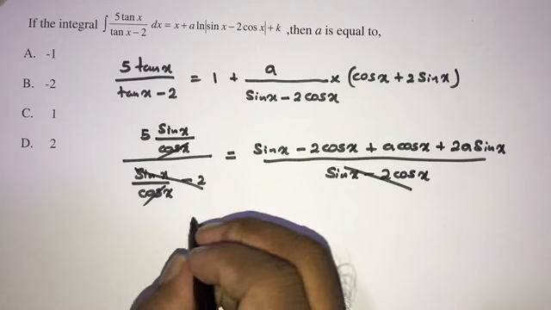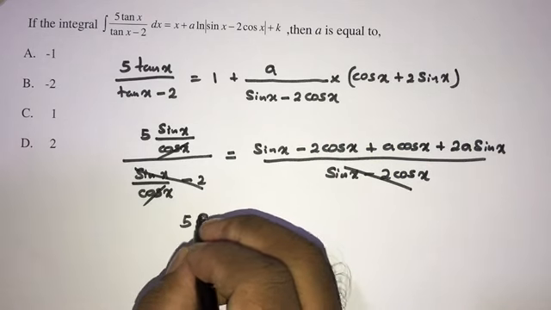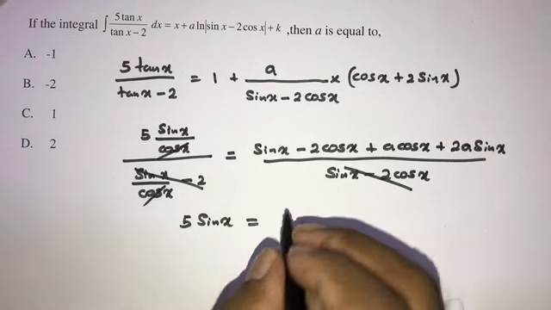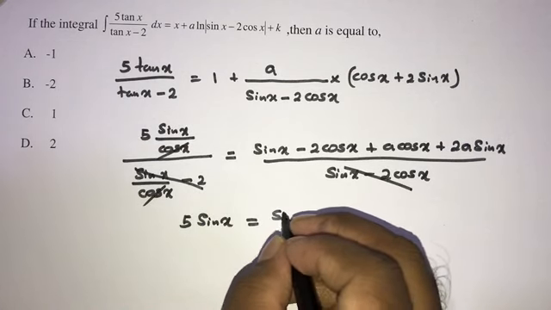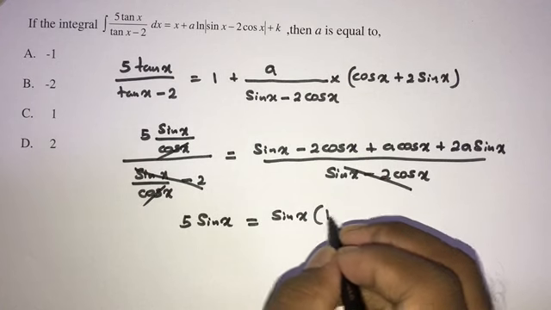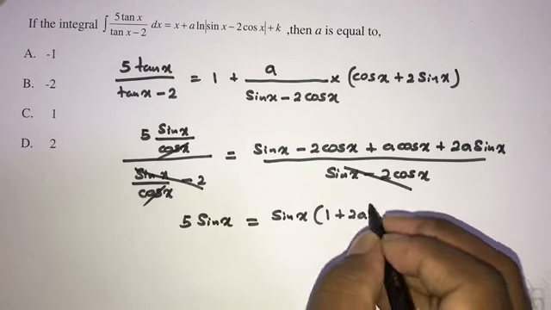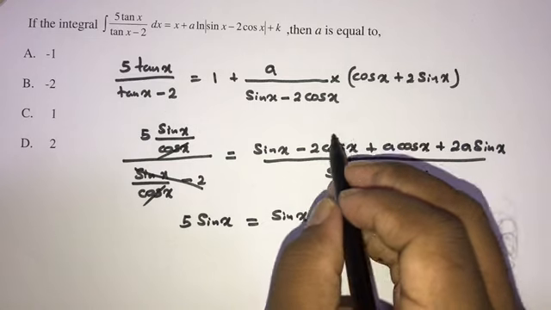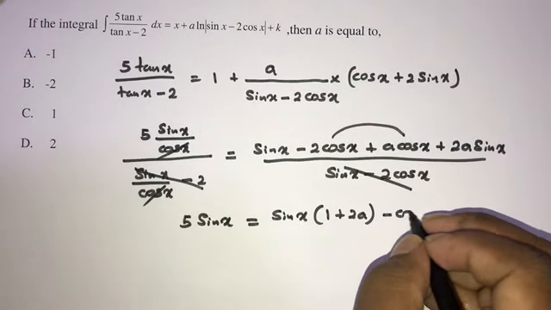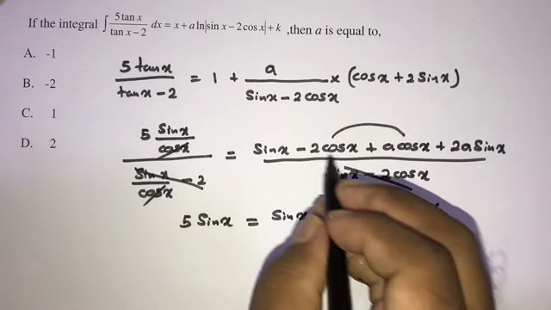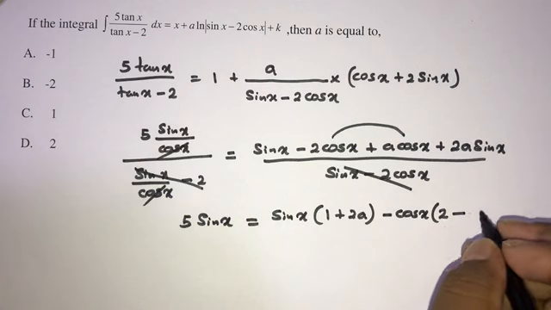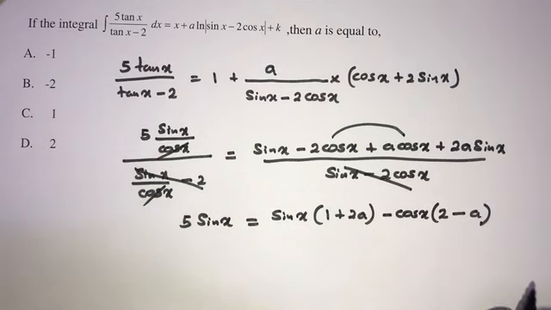Now we have 5 times sine of x is equal to, now sine of x is a factor, so we can write 1 plus 2 times a, and here minus cosine of x, so we have 2 minus a.